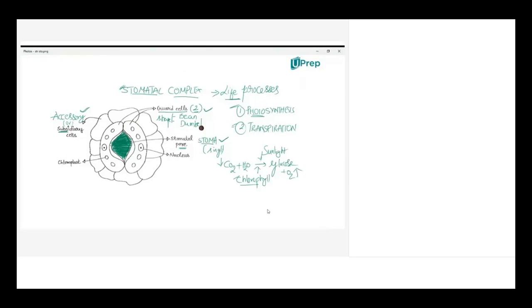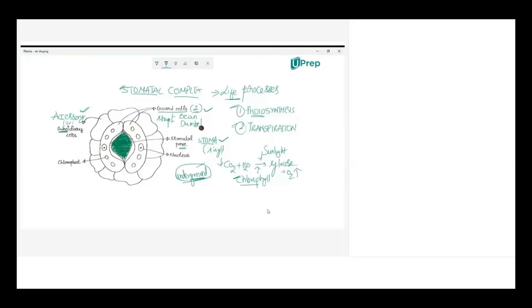So along with chlorophyll, you will find stomata. If you take this whole apparatus, the guard cells possess chlorophyll molecules in chloroplasts. These are all chloroplasts filled with chlorophyll. And you will have a single nucleus in each guard cell. Each guard cell will have one nucleus.